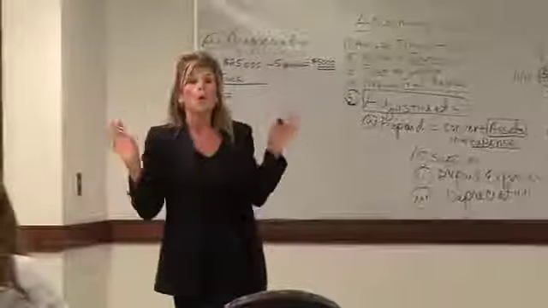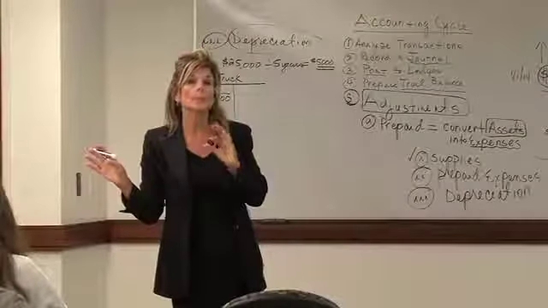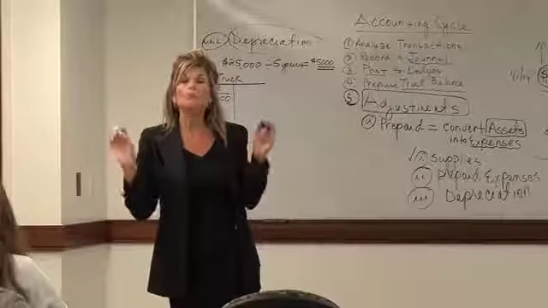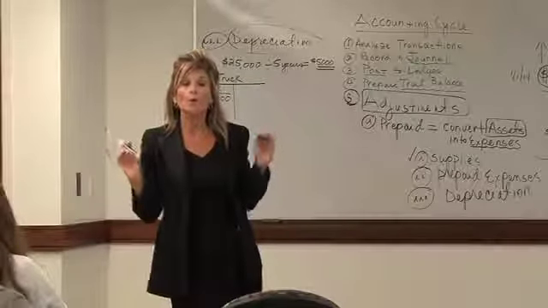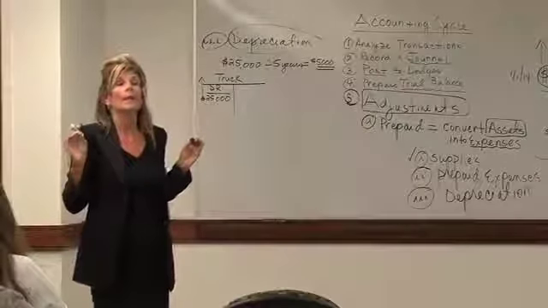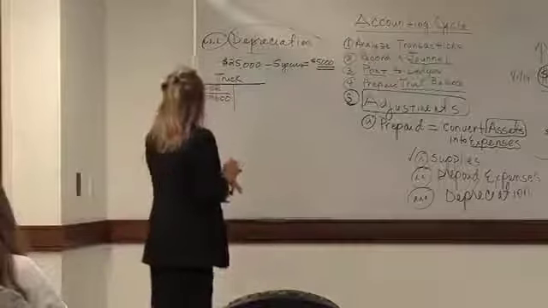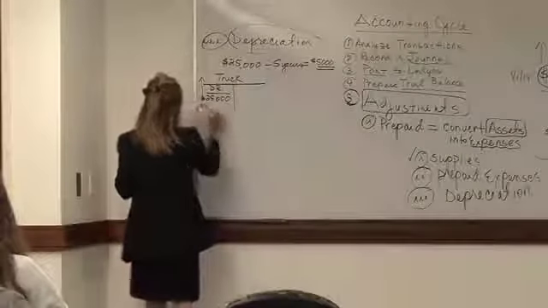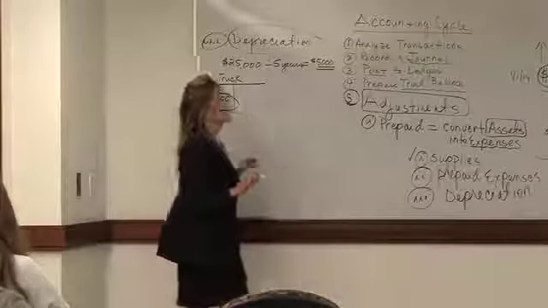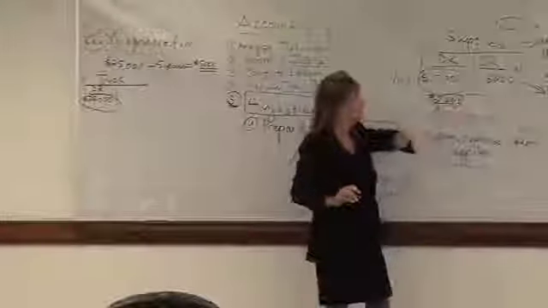Now, long-term assets, property, plant, and equipment, always remain on our books, in our ledgers, at what we call their historical cost. So we're going to leave the truck on the books at $25,000. Unlike what we did with supplies. With supplies, we reduced that asset.